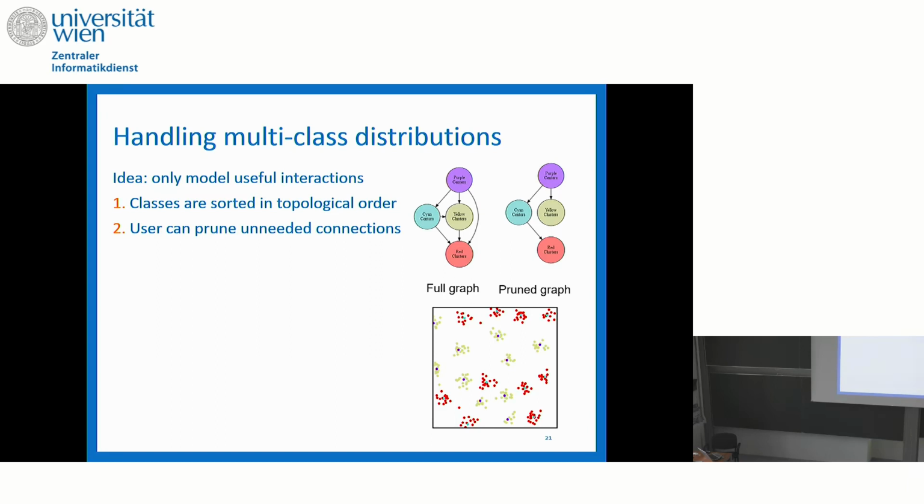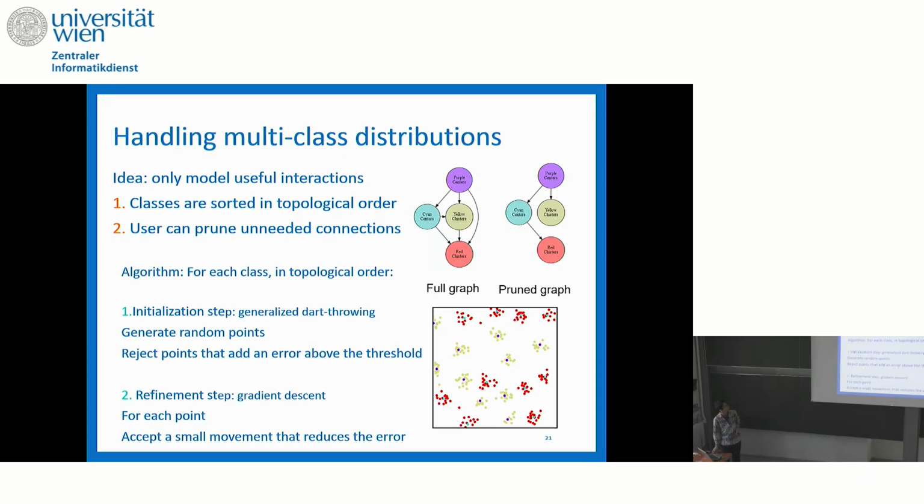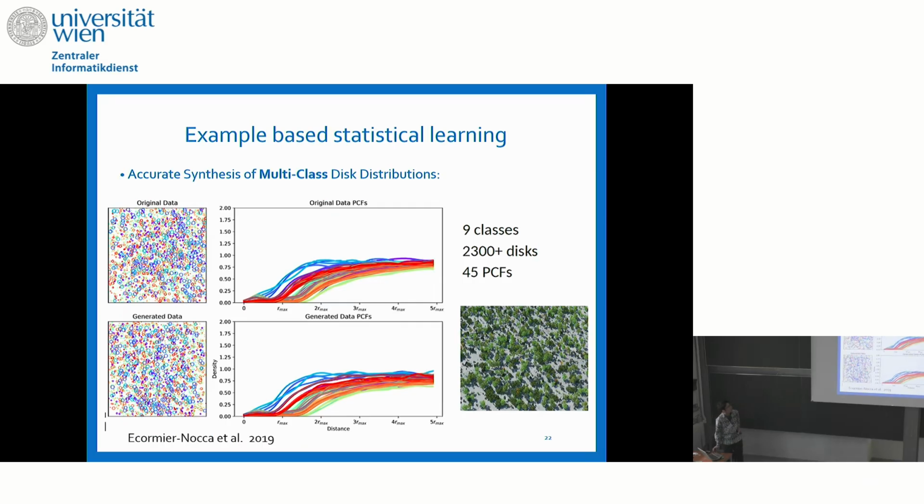So for each pair of classes, you would have a set of PCFs, and based on that, you can generate a new algorithm that would take into account all the interclass PCFs based on this hierarchy and generate such complex ecosystems, with, in this case, I think we had 9 classes through this automatic PCF handling.